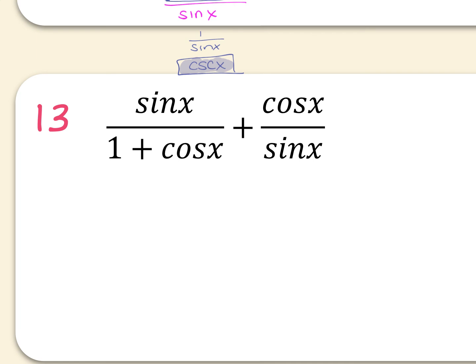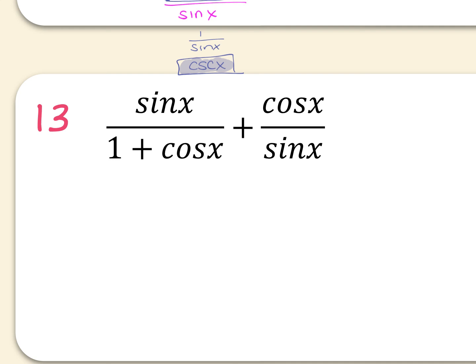Alright, so I get sine of x over 1 plus cosine of x plus cosine of x over sine of x. This is two separate fractions, right? I can actually simplify the right side and say it's cotangent of x, but then it's like a dead end.